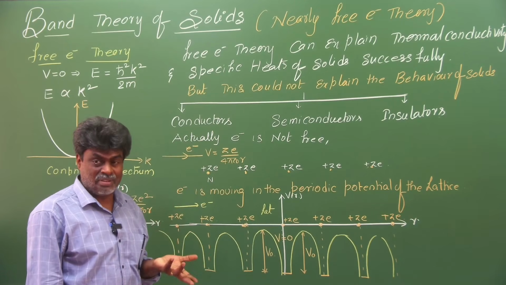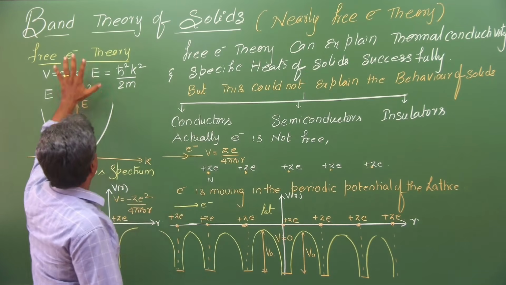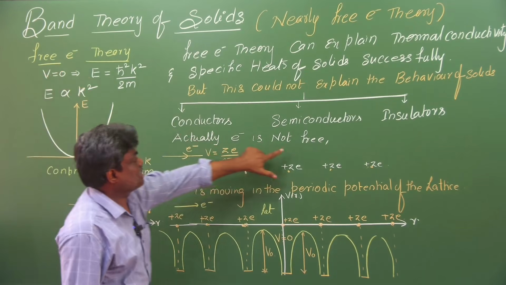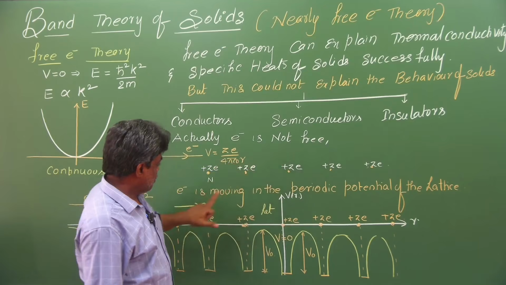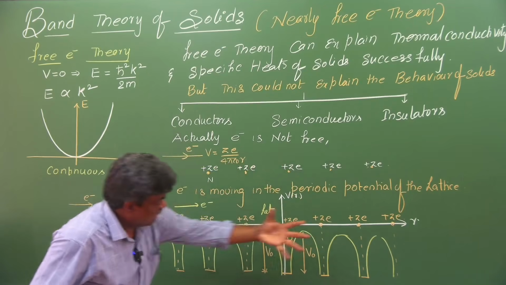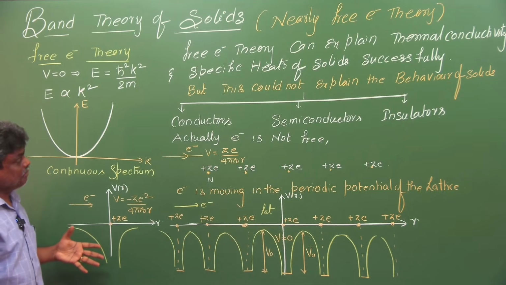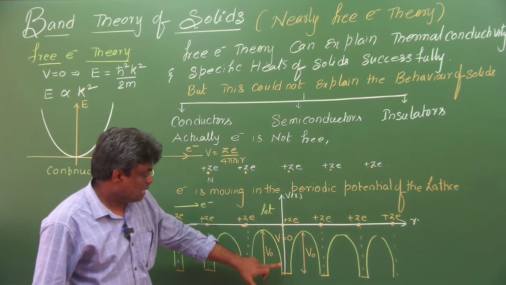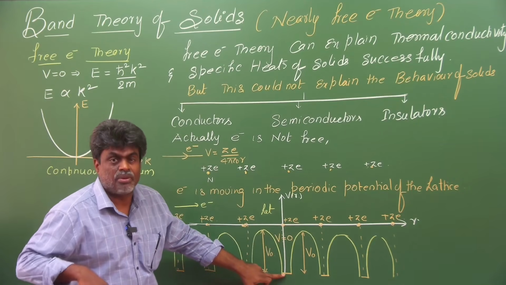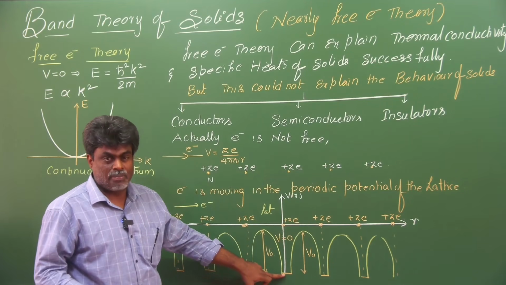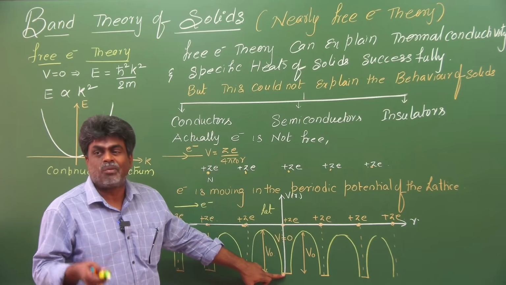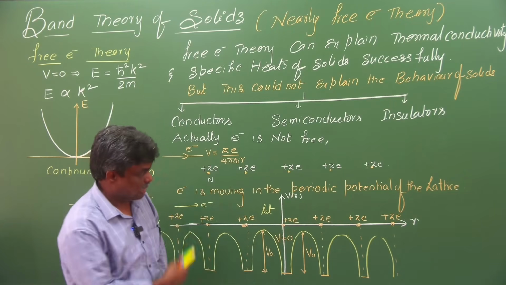What is the reason for that? Then whatever you assumed is wrong. Actually the electron is not at all completely free. It is moving in the periodic potential of the lattice like this. And one more assumption we made: in the vicinity of the nucleus, again we assumed it as a free particle, just like a free particle in a 1D box. Clear?